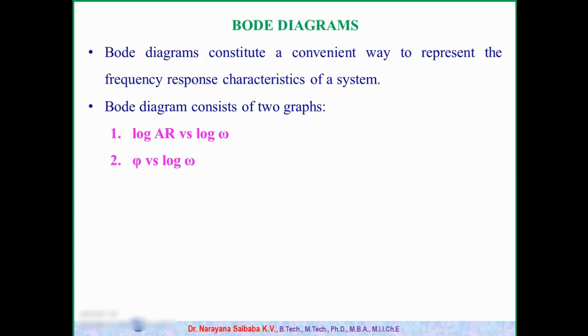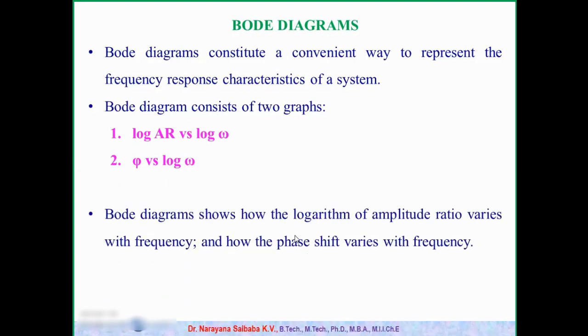For drawing the Bode diagram, we assume different values of omega and substitute them in the AR and phi formulas for the given system. From that generated data, we can draw the Bode diagram. But if we do not know the AR and phi formulas, then we have to go for the substitution method. That is a very simple method to calculate the AR and phi values of linear unknown systems.